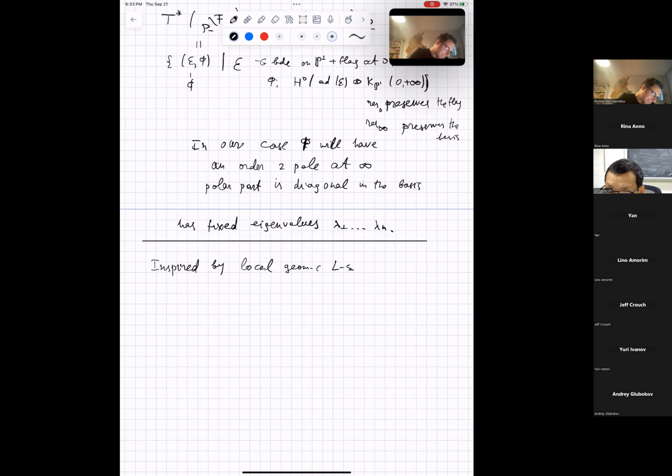We prove the following theorem that for, again, E is Sx. I'll give the statement without fully explaining the terms.